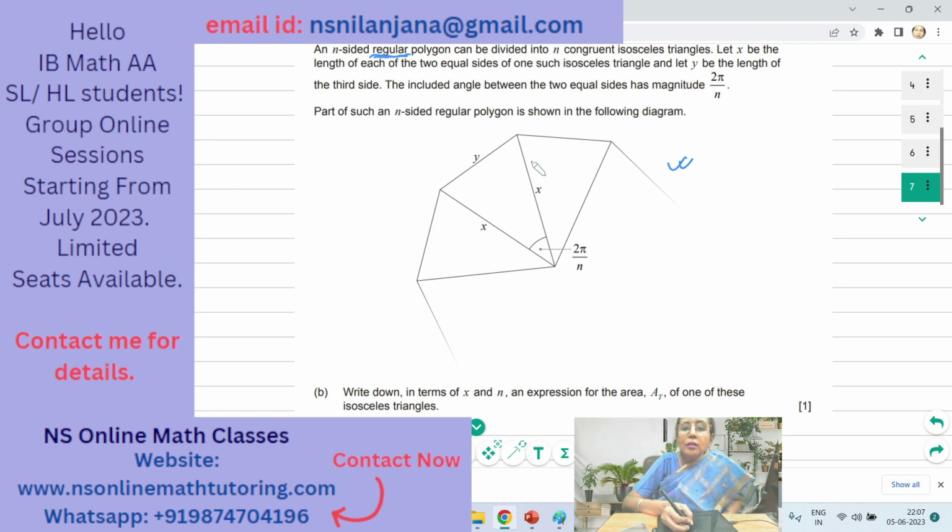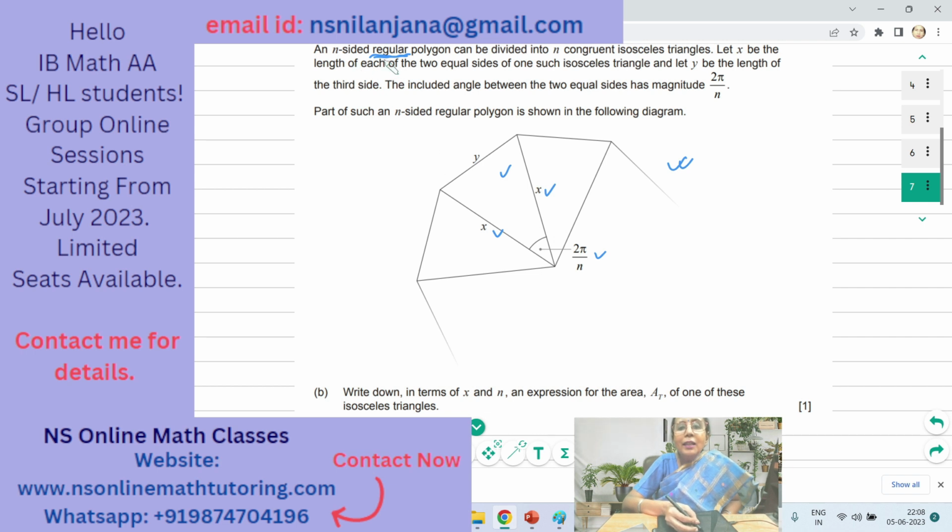So this is one of the isosceles triangles, and the two equal sides have x units length each, and the third side has y units length, and the included angle between the two equal sides has a magnitude of 2 pi by n, because there will be n isosceles triangles.